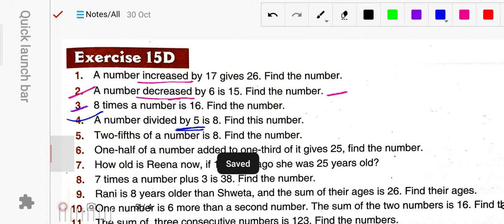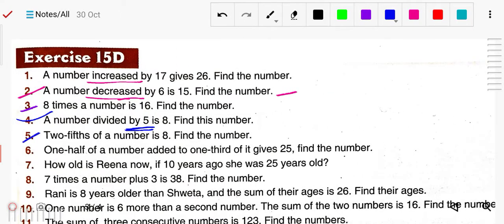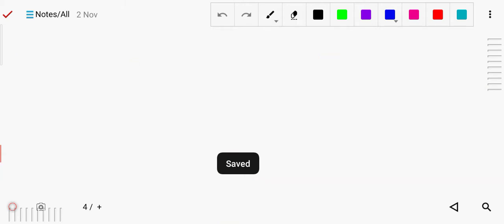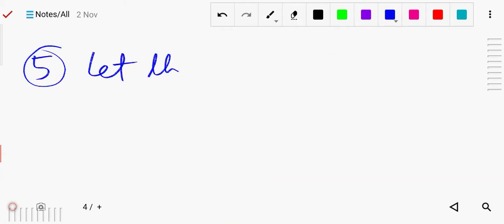Number 5 is: 2/5 of a number is 8. Find the number. Okay, so let's solve question number 5. First, the same thing, we will write: let the number equal x.